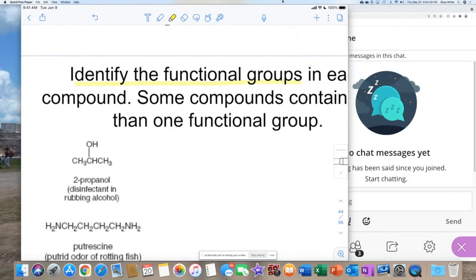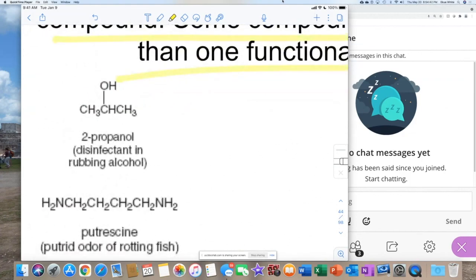It says identify the functional groups in each compound. It kind of doesn't help that they have the name here, because compounds that end with OL are usually alcohols, right? But what I'm going to do here, the obvious functional group is this one here. How do I know that?